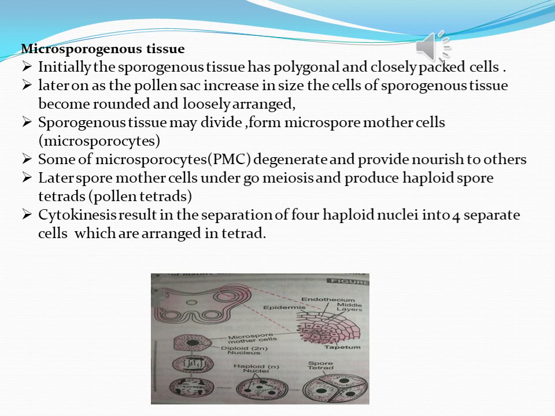Later, as the pollen sac size increases, the sporogenous tissue becomes rounded and loosely arranged.